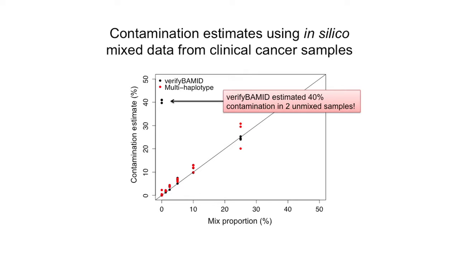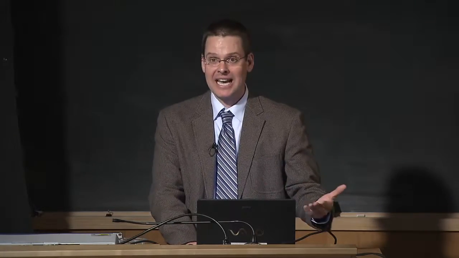They fall close to the line, suggesting that the estimate and the mixed proportion are very similar. But there were some pure cancer samples in this experiment, and VerifyBamID estimated 40% contamination in these two samples, and I don't think there's 40% contamination in these samples. So this is an example of the algorithm not accounting for copy number changes that can skew the allele frequencies.